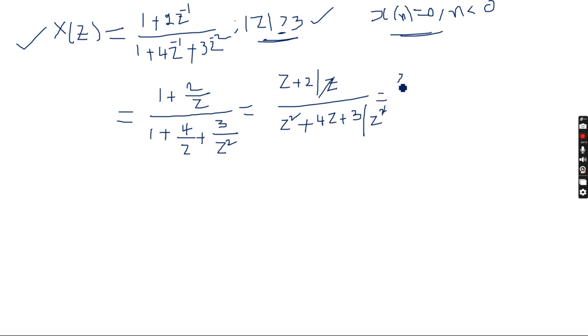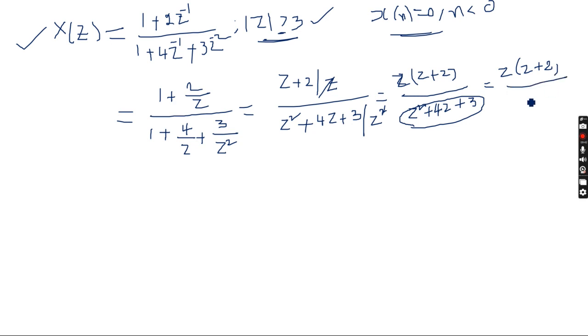Then finally, what is the fraction? z into z plus 2 by z square plus 4z plus 3. Then you have to find out the poles of this. Poles means the roots of the denominator. So z into z plus 2 by, you can take the roots: z plus 1 into z plus 3. So this is the X of z.